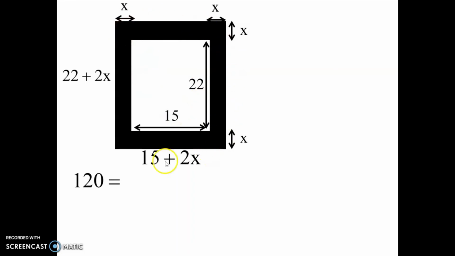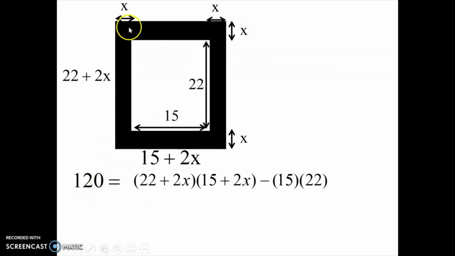If we take that full area minus the white portion, we're left with just the black border area, which is 120. So I'm going to do 120 equals the full picture, which is (22 plus 2x) times (15 plus 2x), right? It's these full dimensions, minus 15 times 22, which is this white part. Again, the border we get from multiplying both full dimensions, so the full rectangle minus the white inside here.